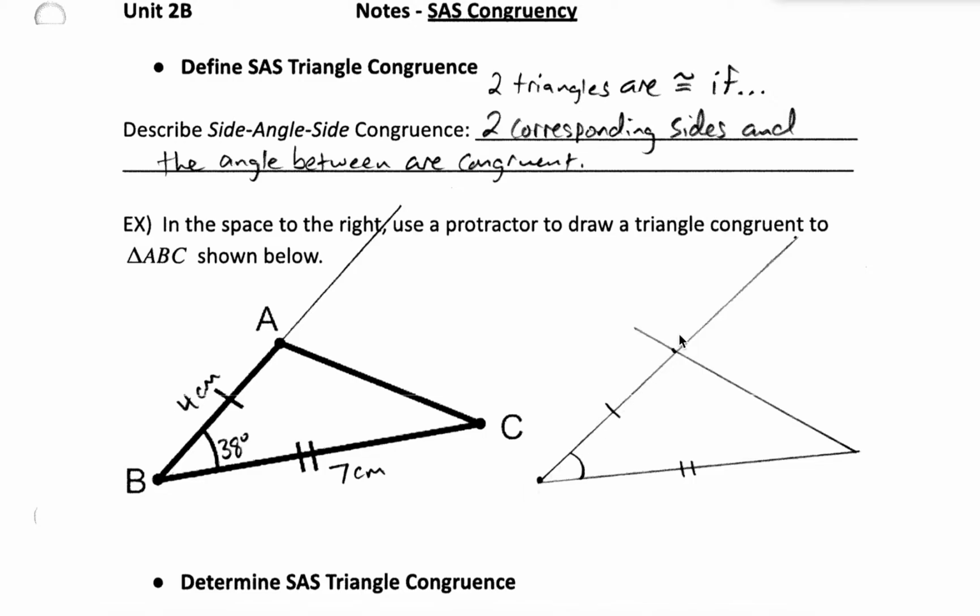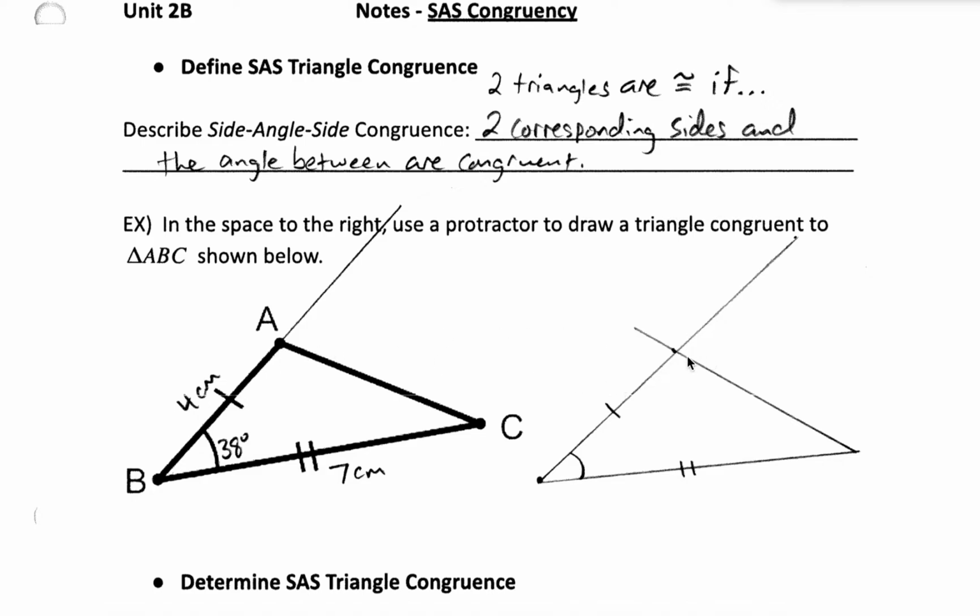I drew a side length there. It didn't matter what size it was at first. I then measured 4 centimeters from that point, marked it, and now if I connect those points right there to make that third side, then we have two congruent triangles because of side, angle, side congruency.